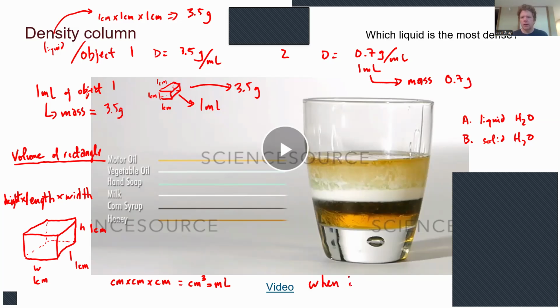When ice is in water, it floats because it's less dense.